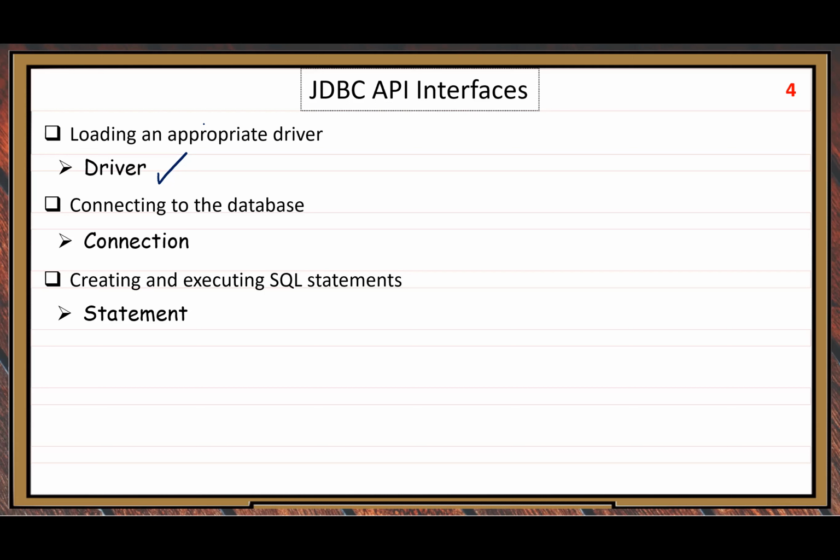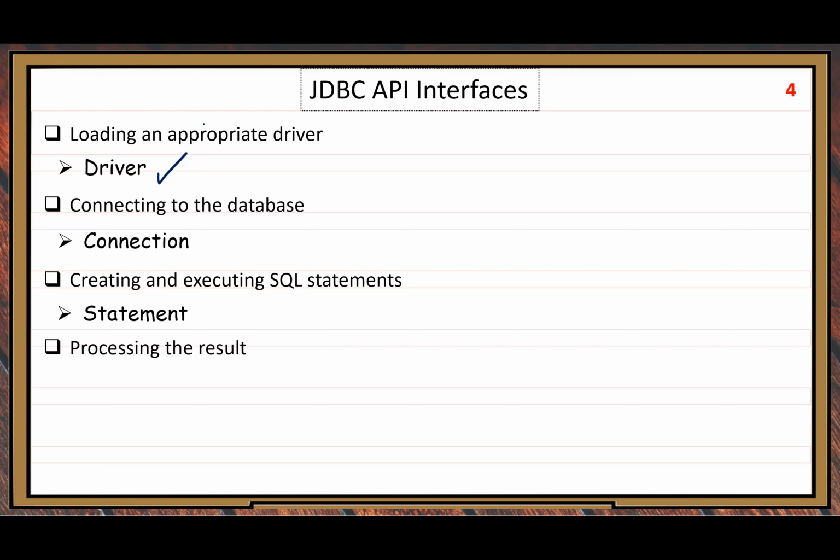So you know the difference between Java classes and Java interfaces. Number 4, the last one, processing the result.